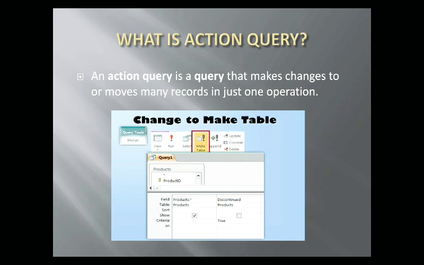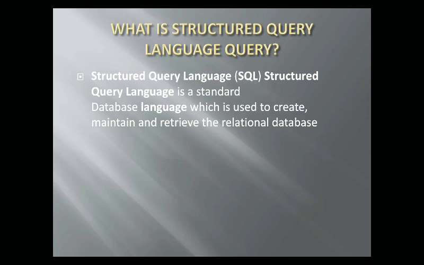our second last topic is what is an action query. An action query is a query that makes changes to many records in just one operation. Okay class, what is structured query language?